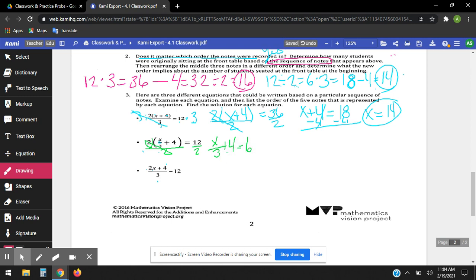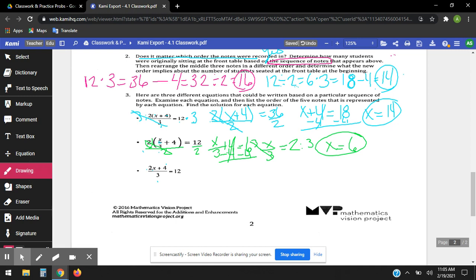Now I want to get rid of this plus 4 because that's not attached to my x at all. To get rid of a plus 4, I need to minus 4. That leaves me with x over 3 equals 6 minus 4, which is 2. Now to get rid of a divide by 3, I multiply both sides by 3, those cancel, x equals 6. So when we do that different order, we get 6.